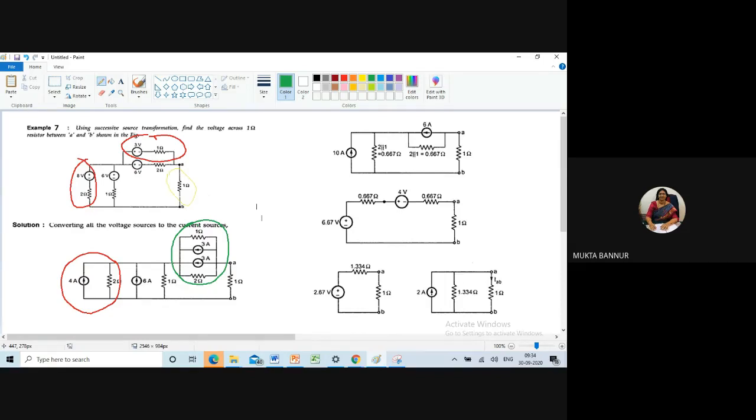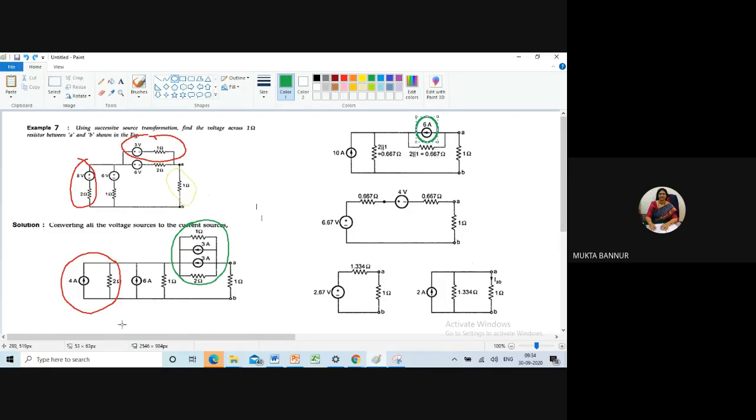So 3 plus 3 will be equal to 6. Here is a 6 ampere. Okay, and 1 ohm and 2 ohm are acting in parallel. They can be replaced by a single resistance, that will again be equal to 0.66.